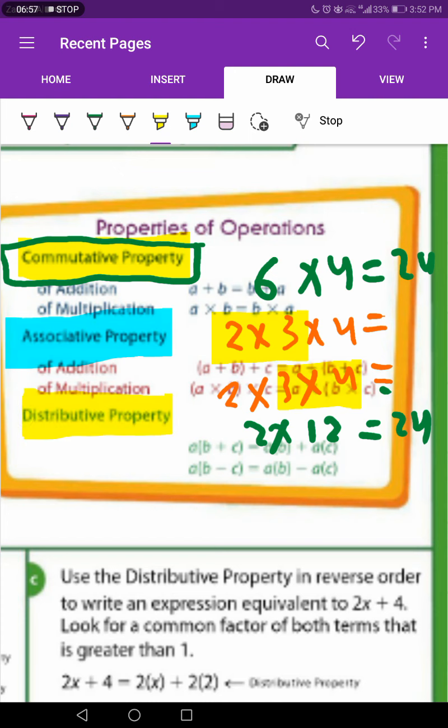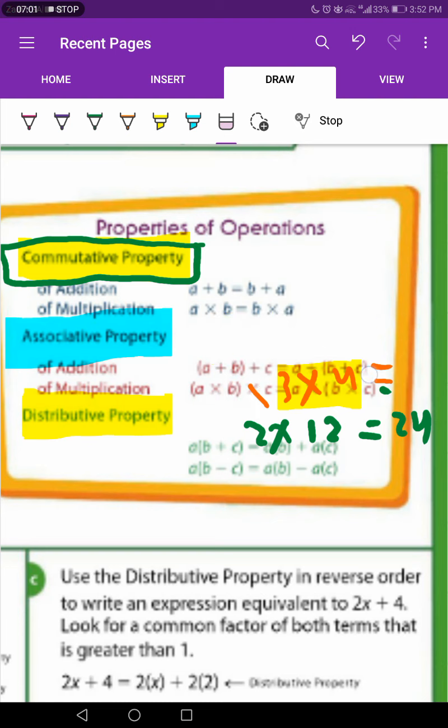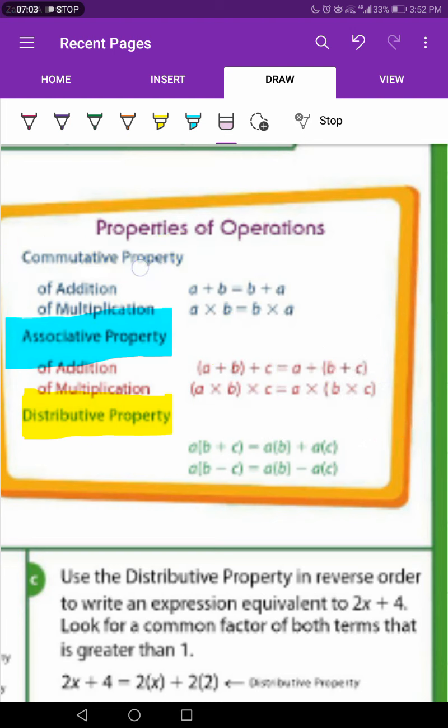Distributive property, and this property needs us to pay attention. Before I move to the distributive property, let me mention again what the properties of operations are. The first one, commutative property, and the second one, associative property, and the third one, distributive property.